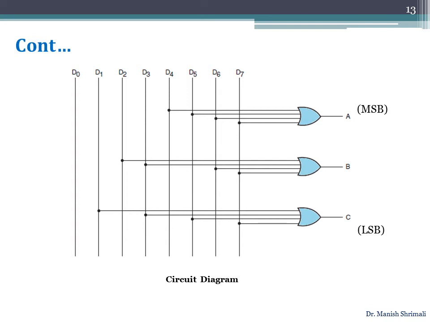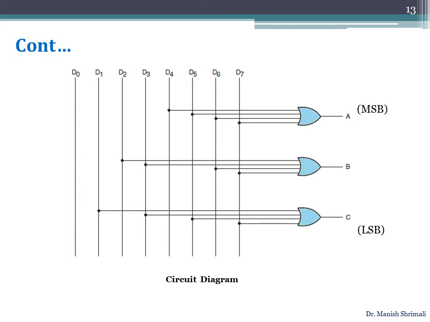But when it comes to the rest of the inputs, when D1 is given as input, this D1 is connected to the last OR gate, so this will be high, resulting in the code 0 0 1.